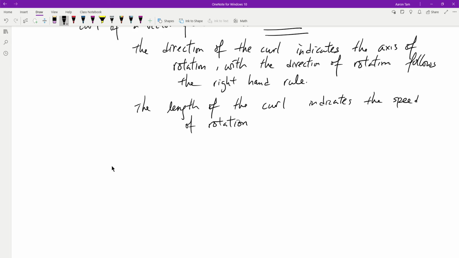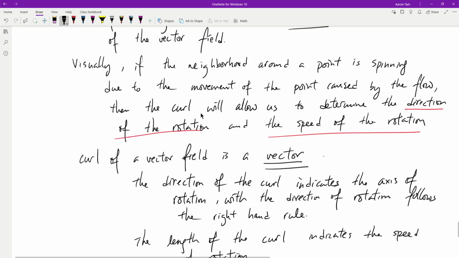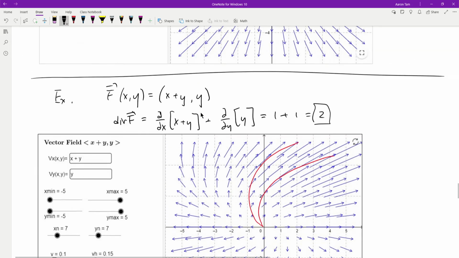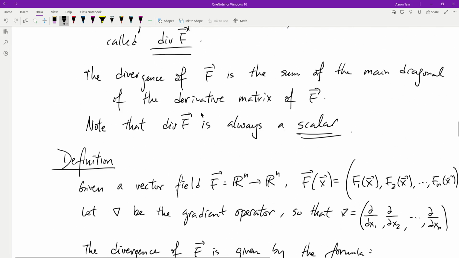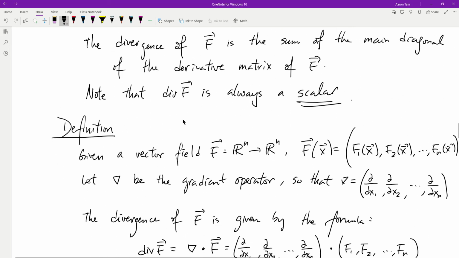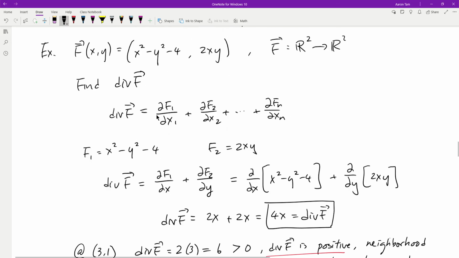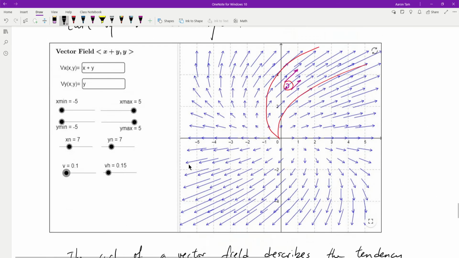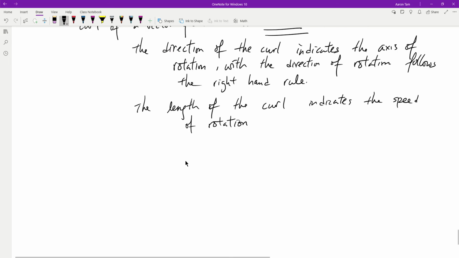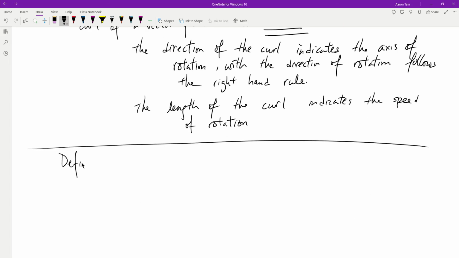So in R3, let me just write a definition, similar to how I wrote it for the divergence. We're going to define the curl, specifically in R3. So here's the definition.